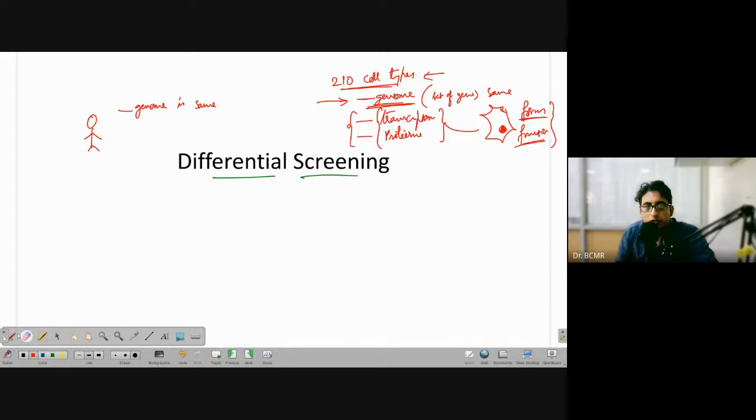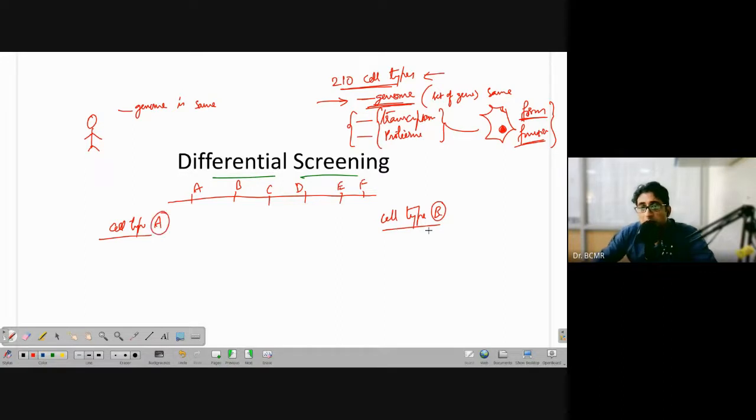The objective, or the logic you can think of, is this. The whole genome is like this, and there are genes A, B, C, D, like that. I'm just making it up for the sake of illustration. I have cell type A, and I have cell type B. Their form and function are different, that's why we call them cell types A and B. That means their transcriptome and proteome are different.